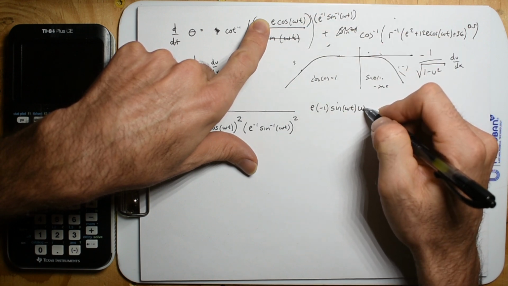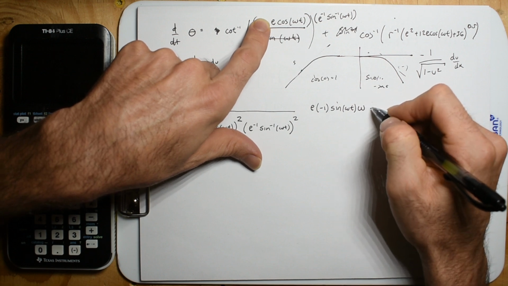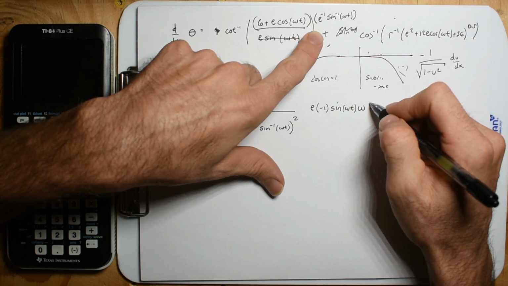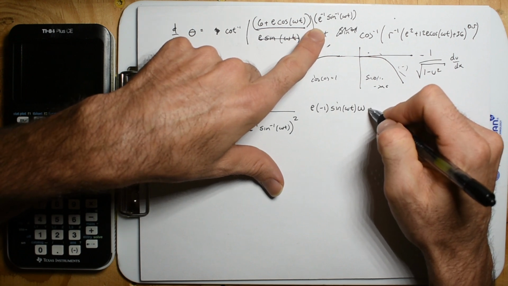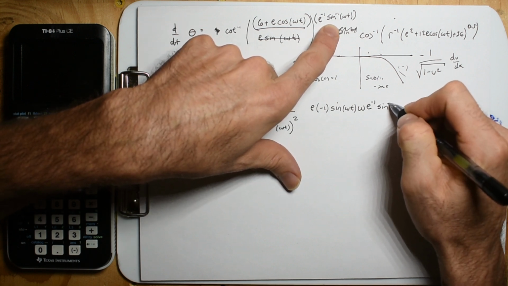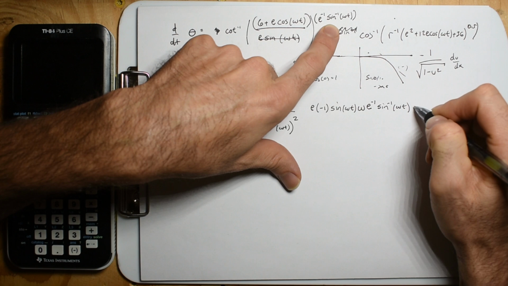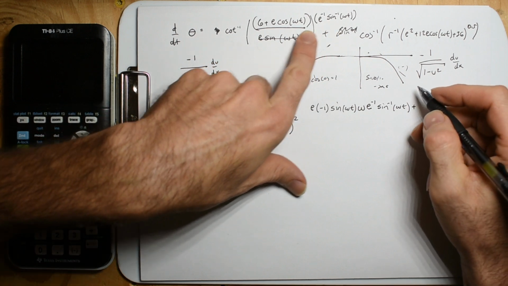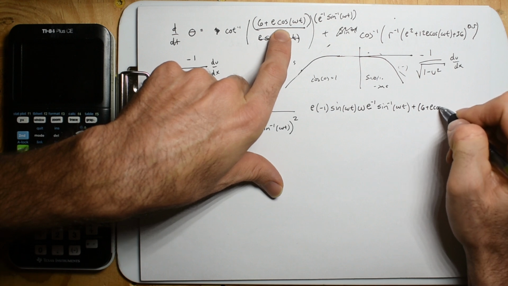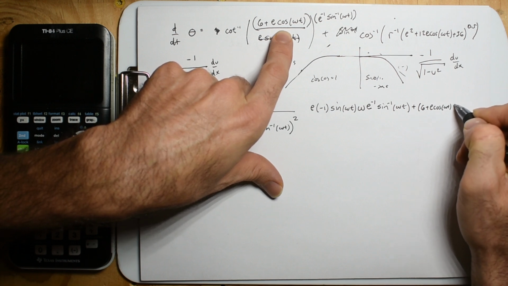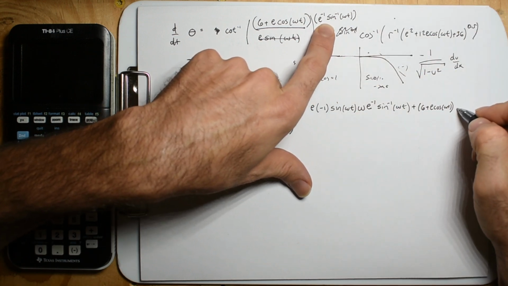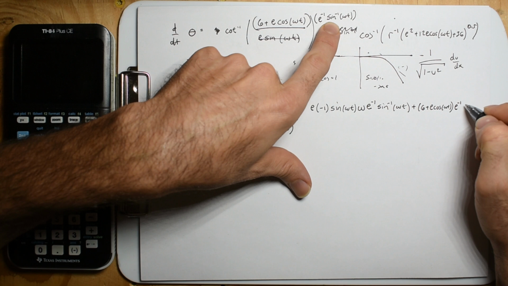And now we're going to add, so that was the derivative of the first times the second. So now we're going to just go e to the -1 sine to the -1 omega t. Now we're going to take this first, 6 plus e cosine omega t, times the derivative of the second. So we're going to have e to the -1.